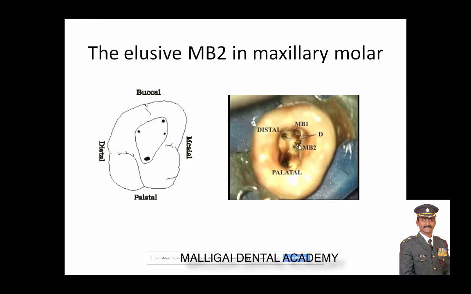So what is the modification in access cavity that I recommend? Your access cavity cannot be strictly triangular, but has to be slightly rounded triangular towards the mesial in order to accommodate the additional MB2. How do you locate this when it is not clearly visible? And the tool you use for this is the DG16 probe.